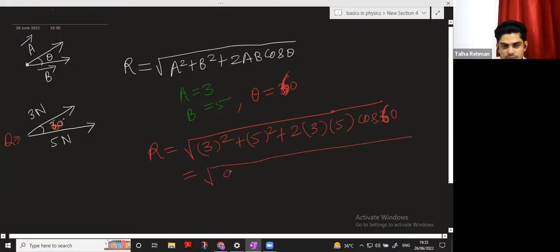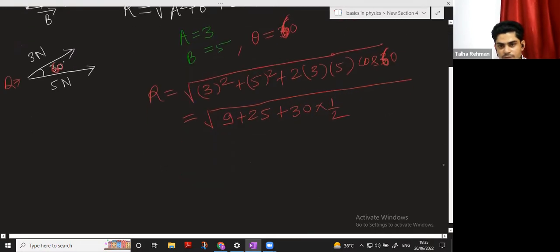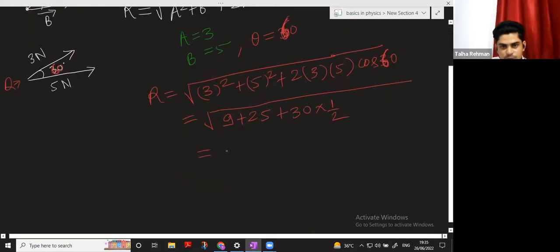So 3 3 is a 9, 5 5 is a 25, and this will be 30. And what is the value of cos 60? Cos 60 is 1 by 2. So we can write 9 plus 25, 34.